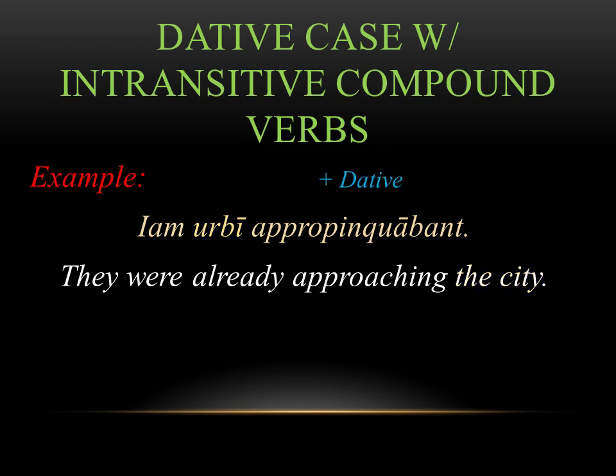Instead, what you have happening here is appropinquare, which is one of these compound verbs, which is always intransitive that we're looking at. It's going to be taking the dative. So instead of seeing urbem, which would be the accusative, we end up with urbi, which is the dative. So you're more literally saying they were approaching to the city. That's kind of how we would translate dative. But when they go with these compound verbs, don't use to or for. Just translate the city, and you'll come up with the right answer.